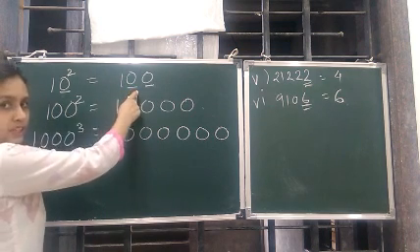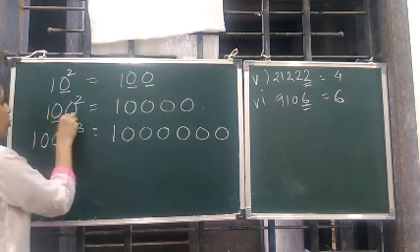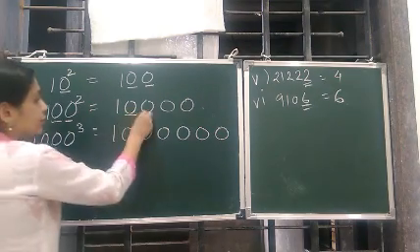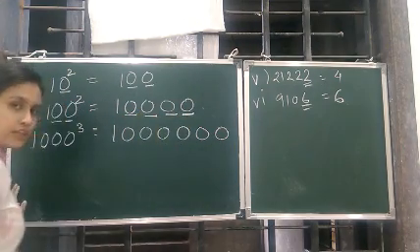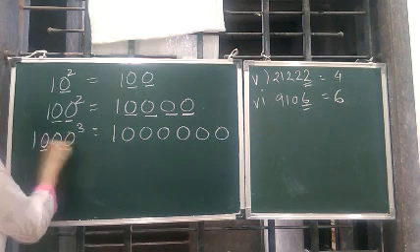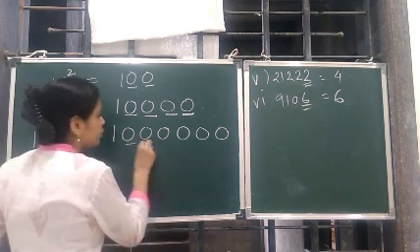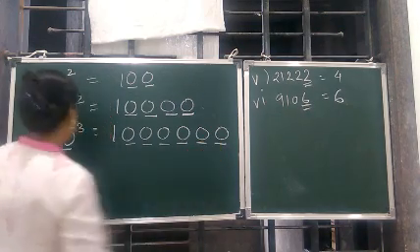When there are 2 zeros, double of 2 is 4, so here you can see 4 zeros. Similarly, with 3 zeros, double of 3 is 6, so here you can see 6 zeros.